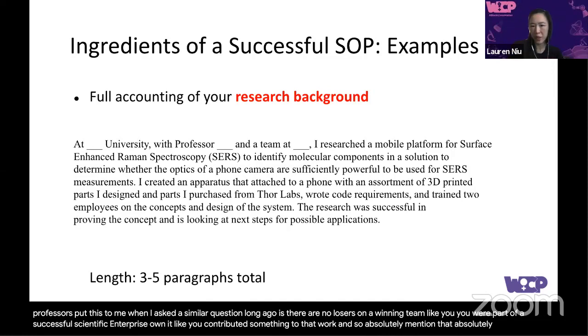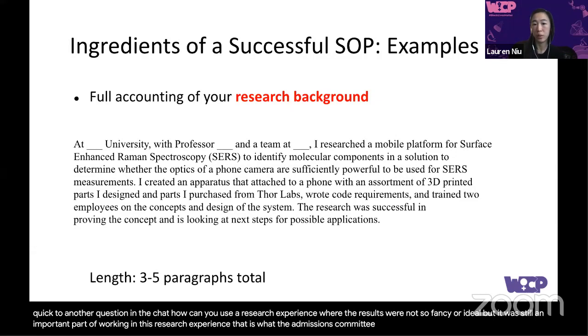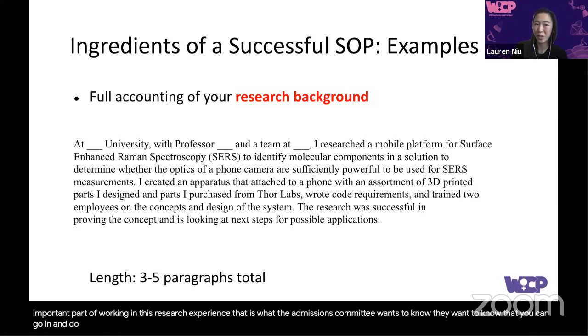And also, really quick, to another question in the chat: how can you use a research experience where the results were not so fancy or ideal, but it was still an important part of working in this research experience? That is what the admissions committee wants to know. They want to know that you can go in and do the work, and they also know that it's not quite as glamorous as it may sound, but it's still a very important part of being a successful researcher, because that's the truth.